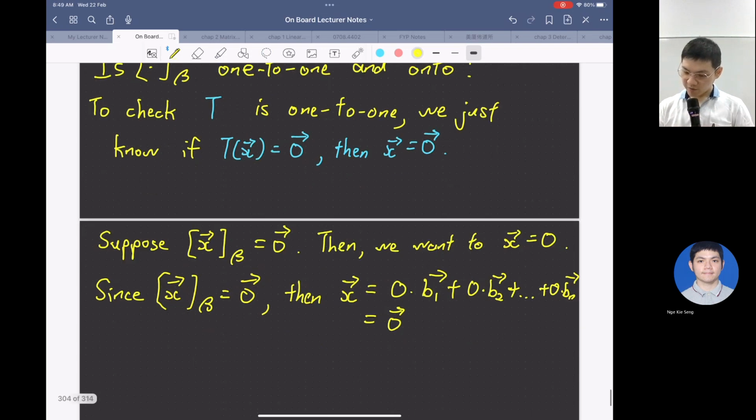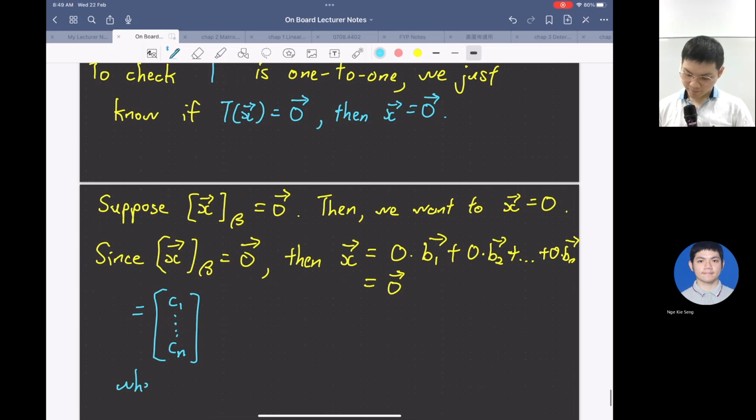Let me write it down. The coordinate vector of x is c1 up to cn, where x is equal to c1b1 plus c2b2 up to cnbn.